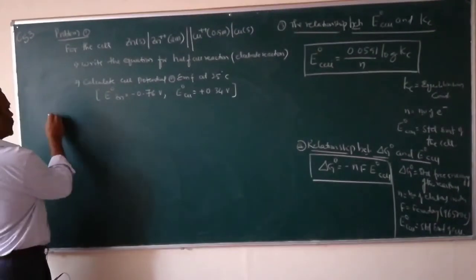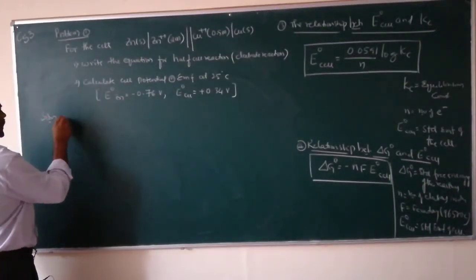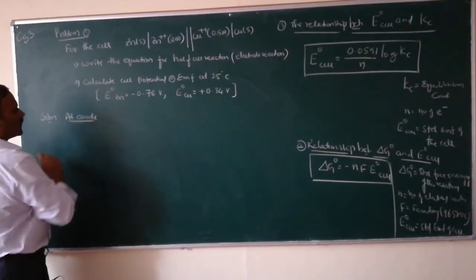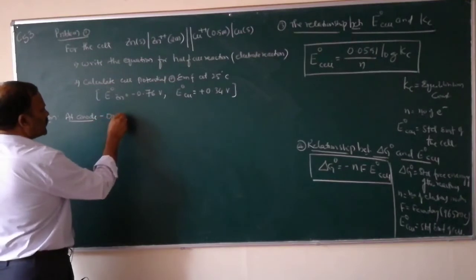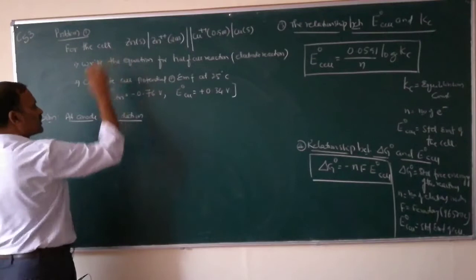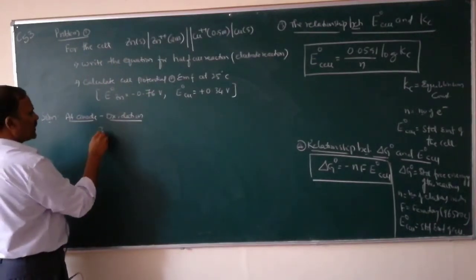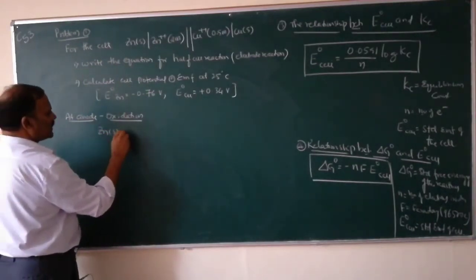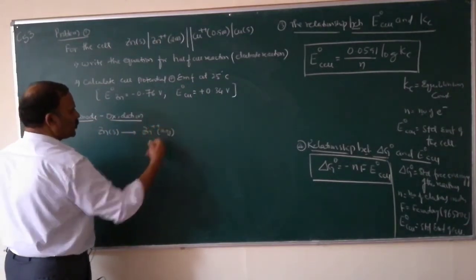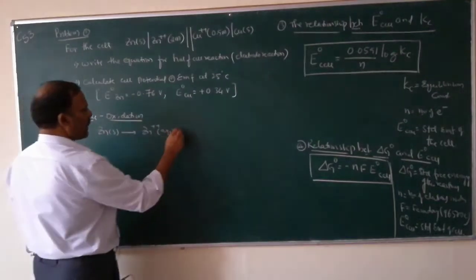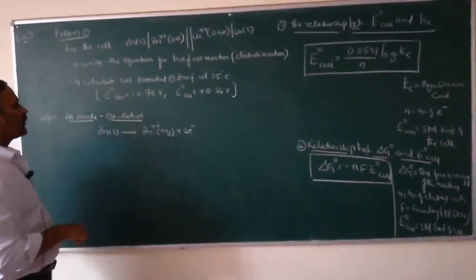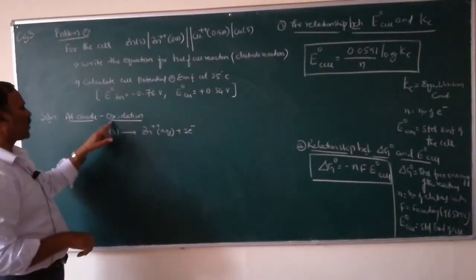So at the anode, what happens? Oxidation. What is the oxidation reaction? Zn gives Zn2+ (aq), that is in solution, plus 2 electrons. So this is the half cell reaction, anode oxidation.